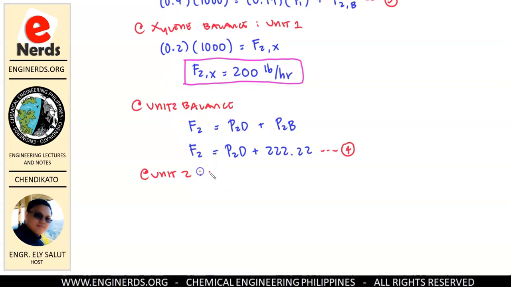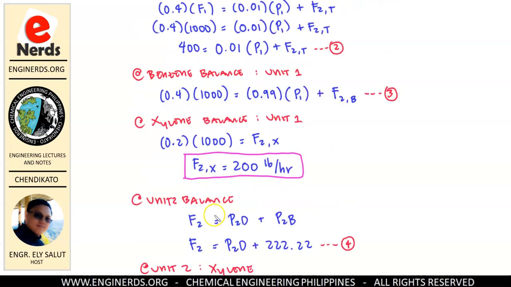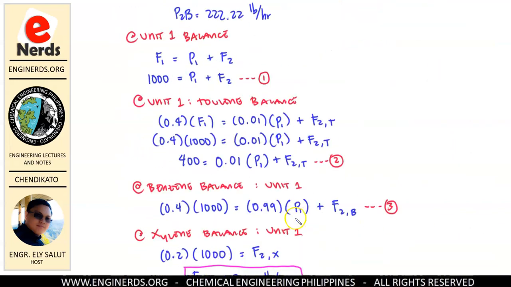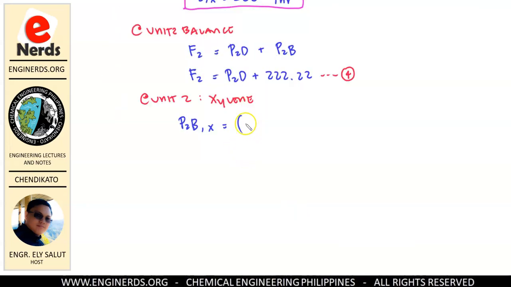At unit 2, Xylene, we have here P2B X, okay, value of Xylene in our P2B. This is equal to our fraction here, our component, 0.9. So we have 0.9 of our P2B.